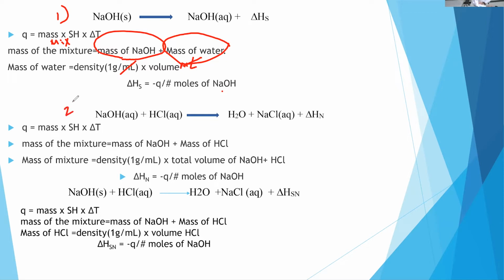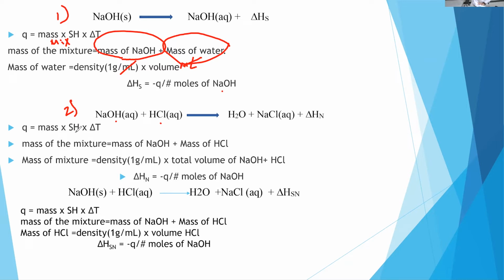Part 2. Same formula, but different values, because the mass here is the mass of sodium hydroxide solution and HCl solution. You are adding the two together, which is going to be the total volume of the two times the density of 1 gram per milliliter. So you have the mass.